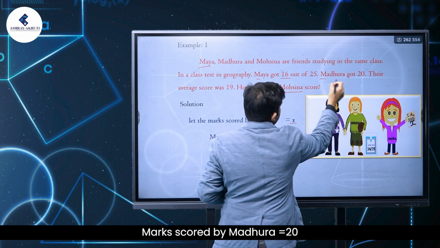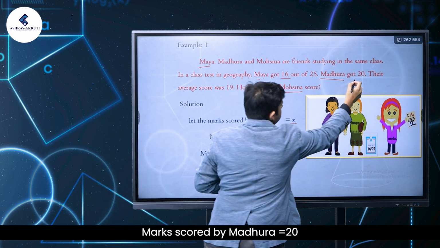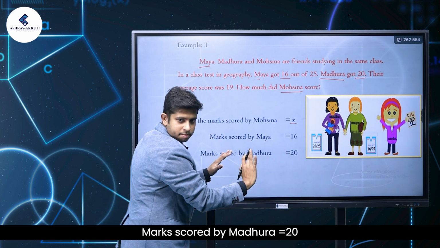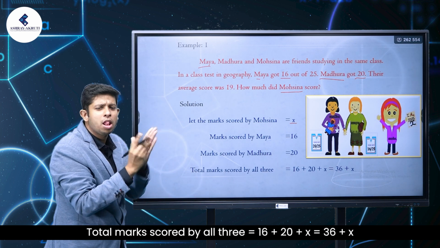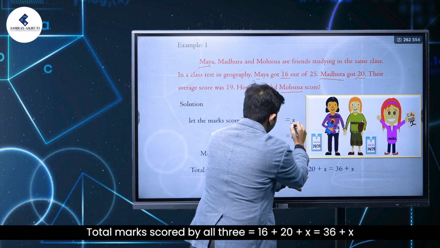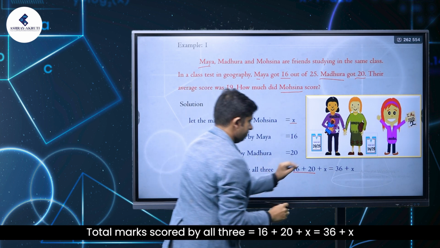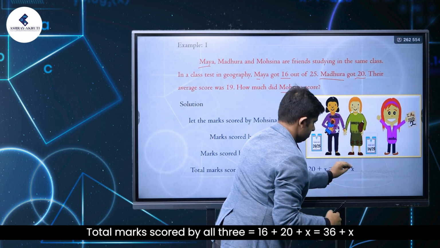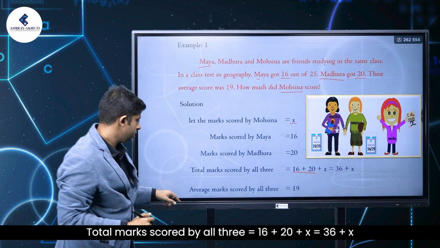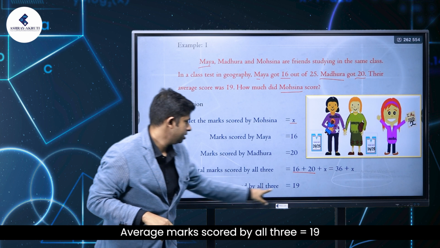Marks scored by Madhura is equal to 20. Total marks scored by all three is equal to 16 plus 20 plus x equals 36 plus x. Average marks scored by all three is equal to 19.